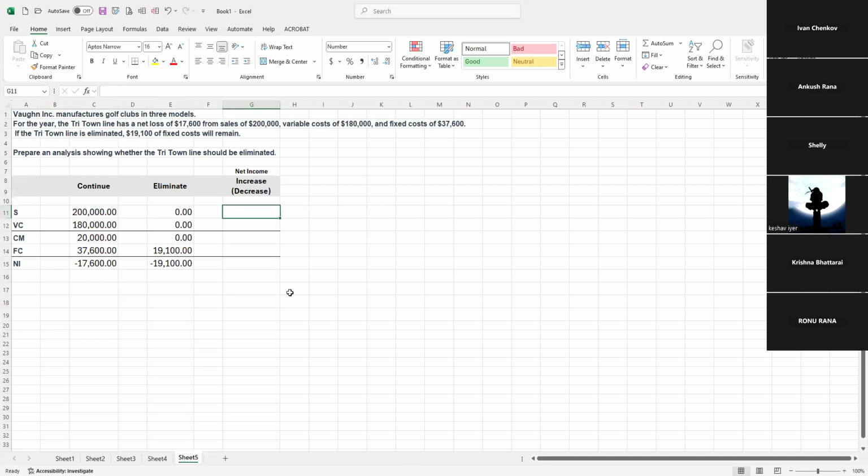So how is this going to be? First, let's think about how we're going to do this one. This one will be equal. If I eliminate it, what's going to happen with the income? My income is going to decrease, right? Yes.